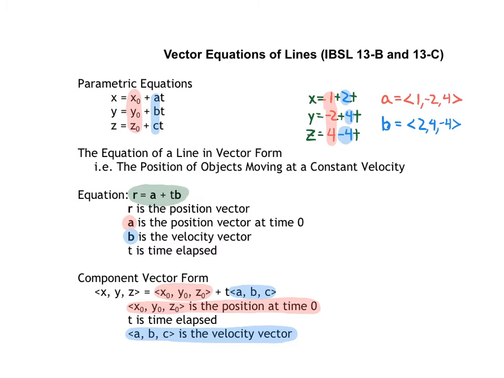Okay, so if I were writing the vector equation, I would write it like this. Our position, R, at any given time equals 1, negative 2, 4, plus t times 2, 4, negative 4.